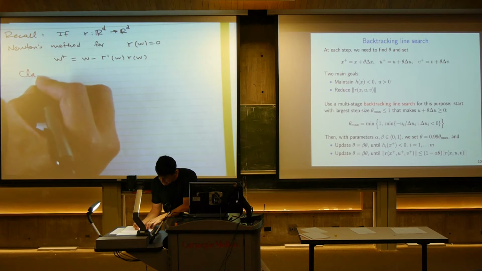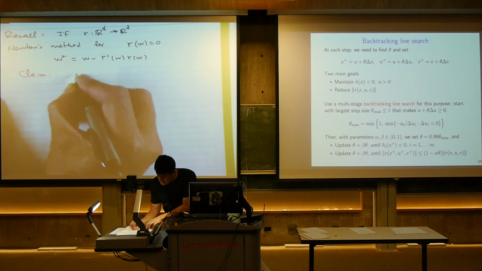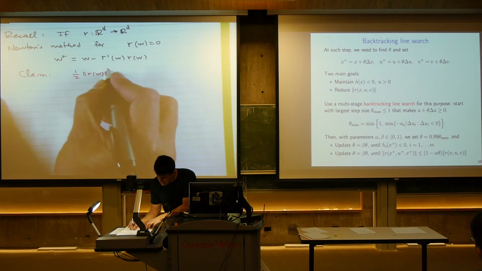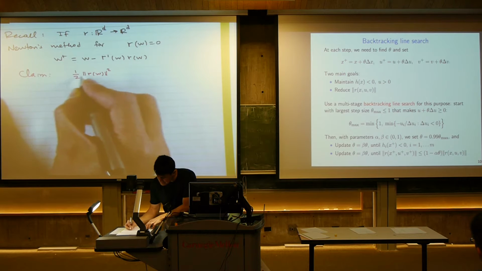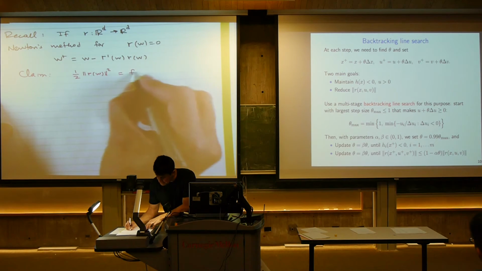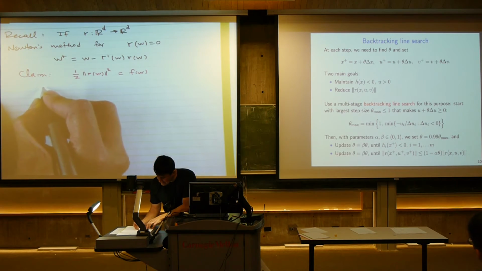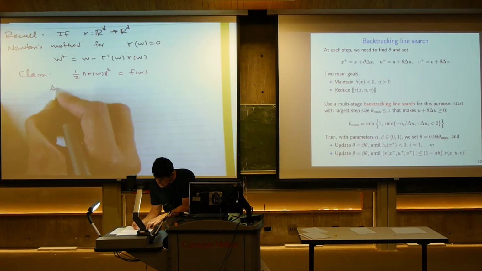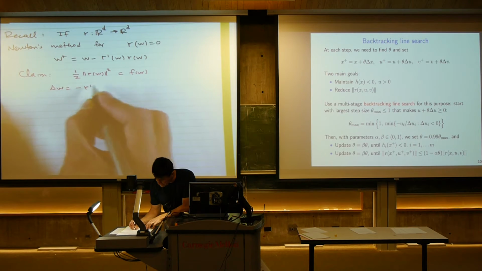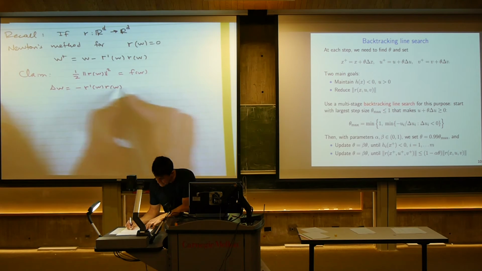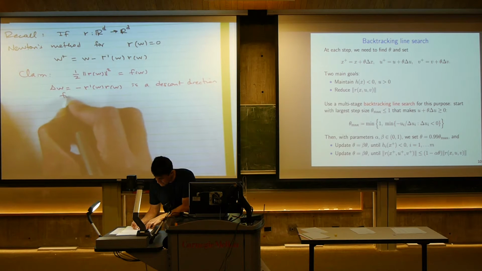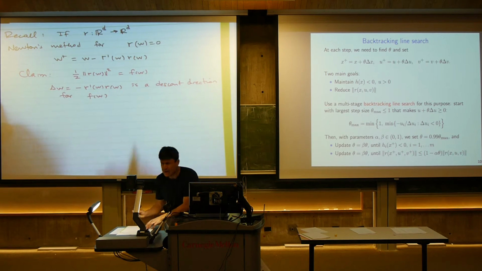The claim is that if you look at this function, let's say that this is f of w, then this delta w, equal to negative r prime w inverse times r of w, is a descent direction for f of w.